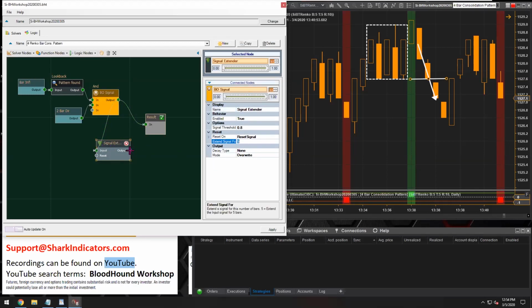And yeah, so just based on this one spot here, it looks like you're going to need to extend your breakout signal by 3 bars, maybe 4 bars.